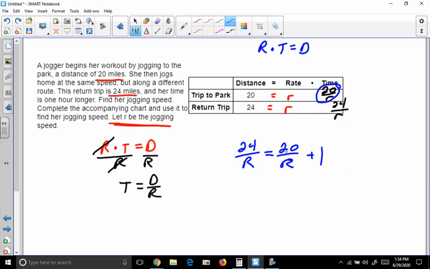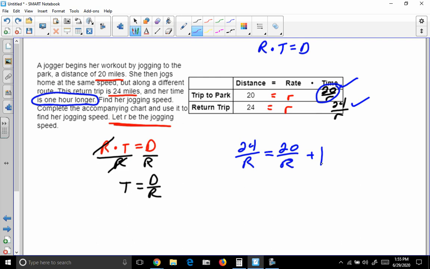So the time to the park plus 1 hour is how long it takes to come back. So we just use that relationship to write an equation once we had an expression for both times. Now we solve that equation.